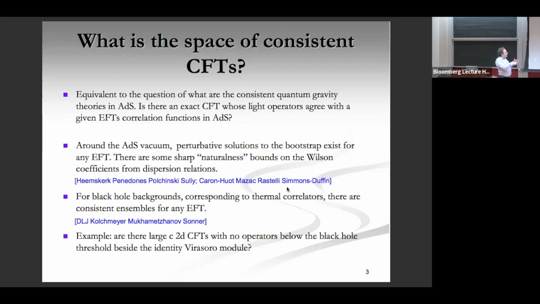So the basic idea that any EFT looks like a perturbative solution to the Bootstrap goes back to this paper of HPPS, but more recently in works such as this, there were some inequalities, but not ruling out anything that looked like some order 1 coefficient.